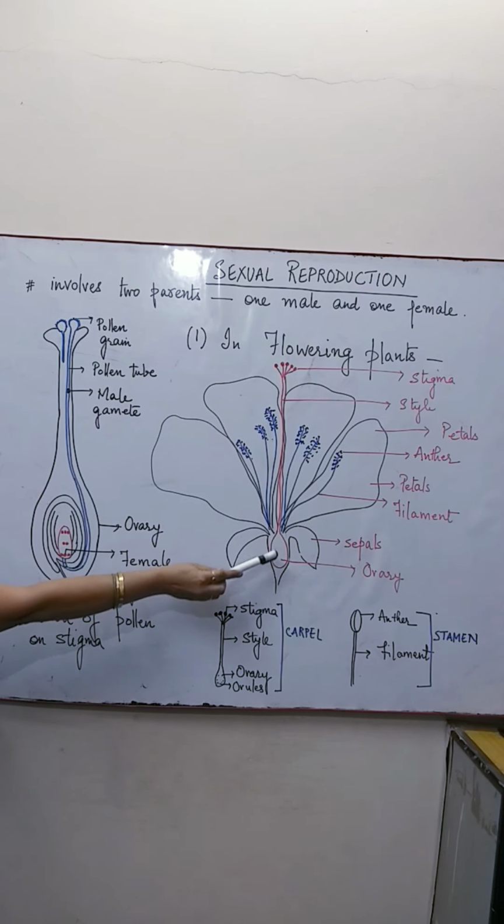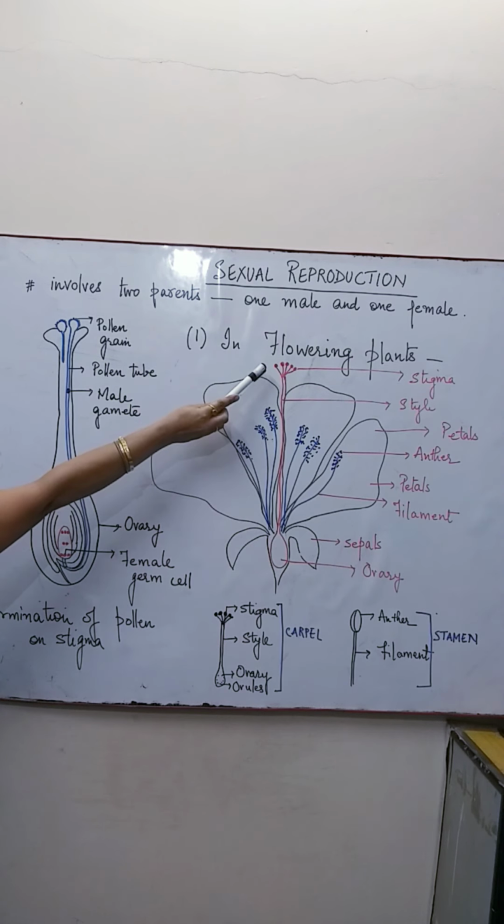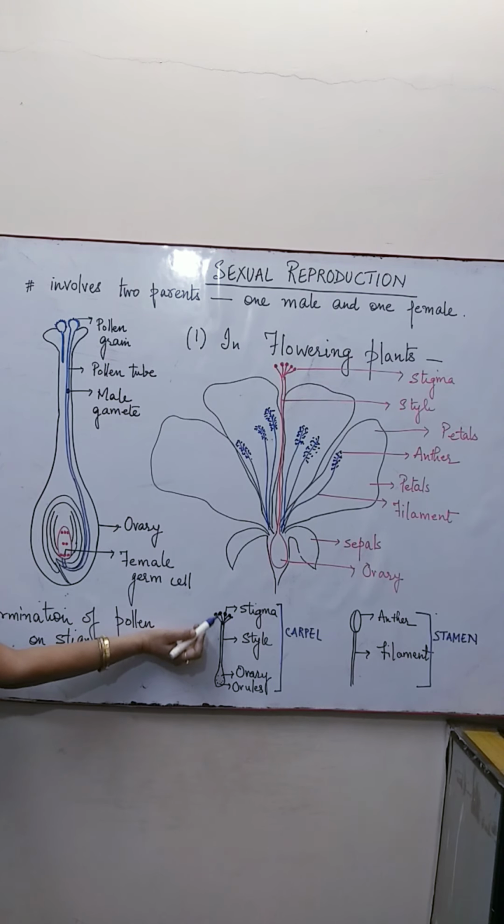Within this structure, you can see the ovary, and the ovary leads to a structure on the top which is known as the stigma. Ovary contains the ovules, then the style is there, and the stigma.